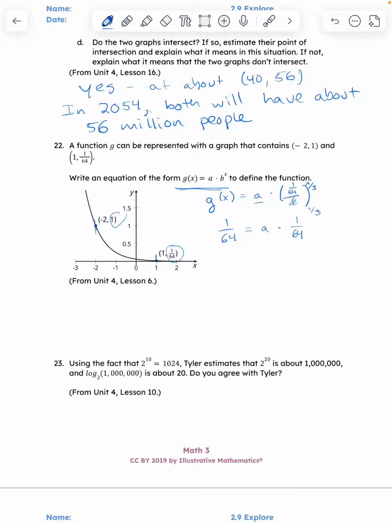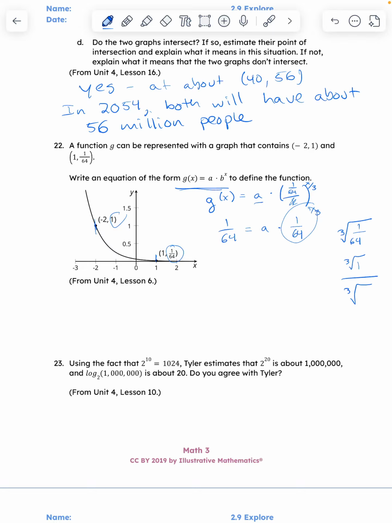Okay. So I want to then see what this guy is. What's 64 to the 1/3 power? Or what is the cube root of 64?